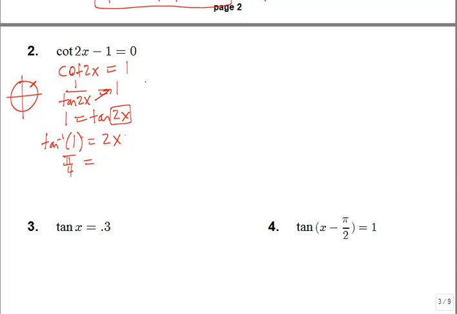Because when you're dealing with tangents or cotangents, you want to remember that the period of tangent is just pi. So I'm going to suggest that you find the generalization of all of these solutions first before you immediately jump into trying to figure out what your solutions are between 0 and 2 pi. And I'll show you why it makes it a little bit easier.